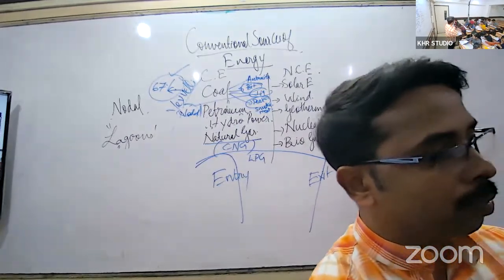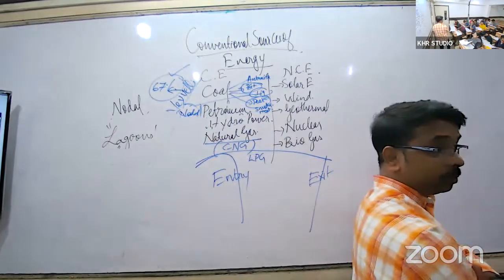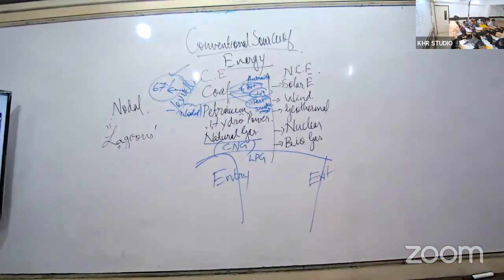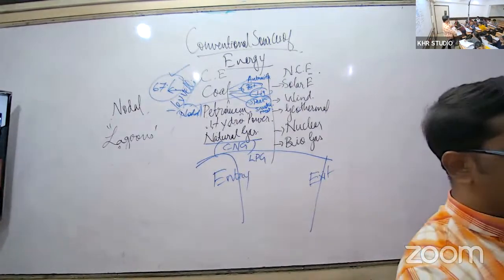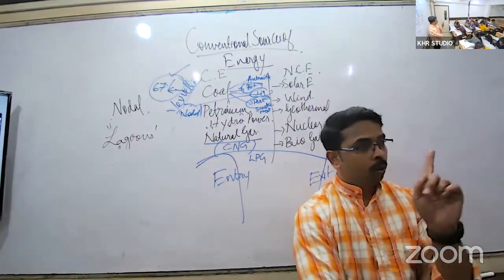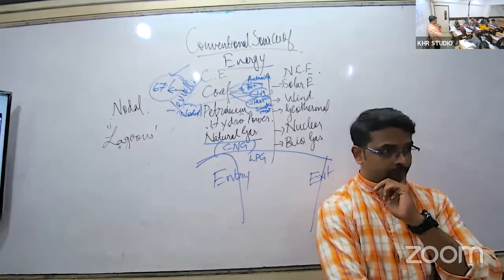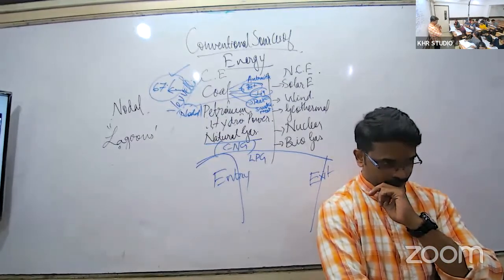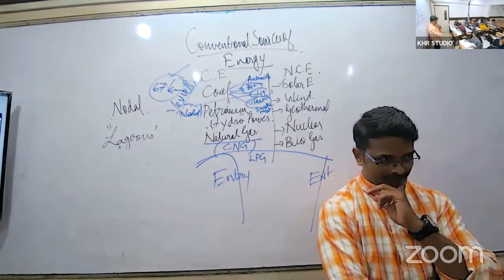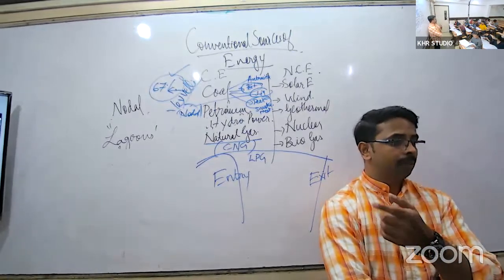Best is anthracite, worst is peat. Only one, lignite: South India, Maharashtra and Odisha. They use lignite because that is easily available.